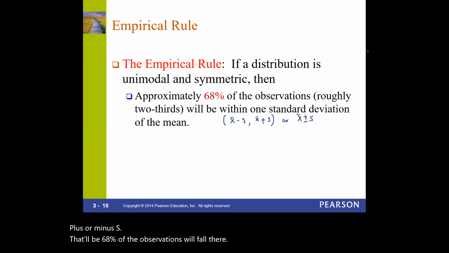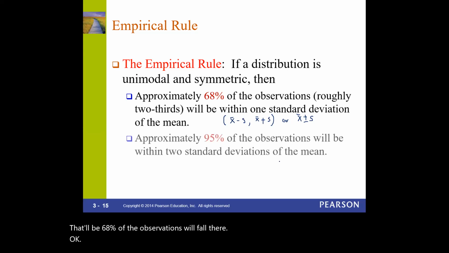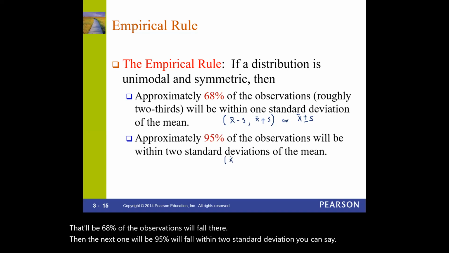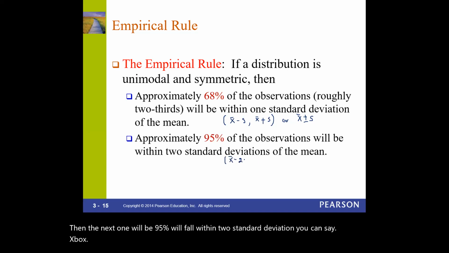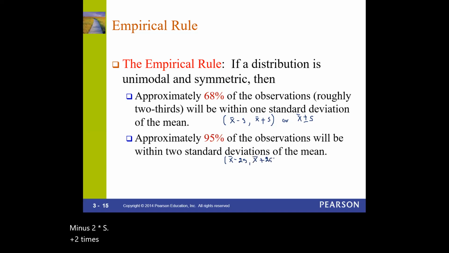Then the next one will be 95% will fall within two standard deviations. You can say X bar minus 2 times S, X bar plus 2 times S. 95% of the data will fall there. I can say X bar plus or minus 2S.